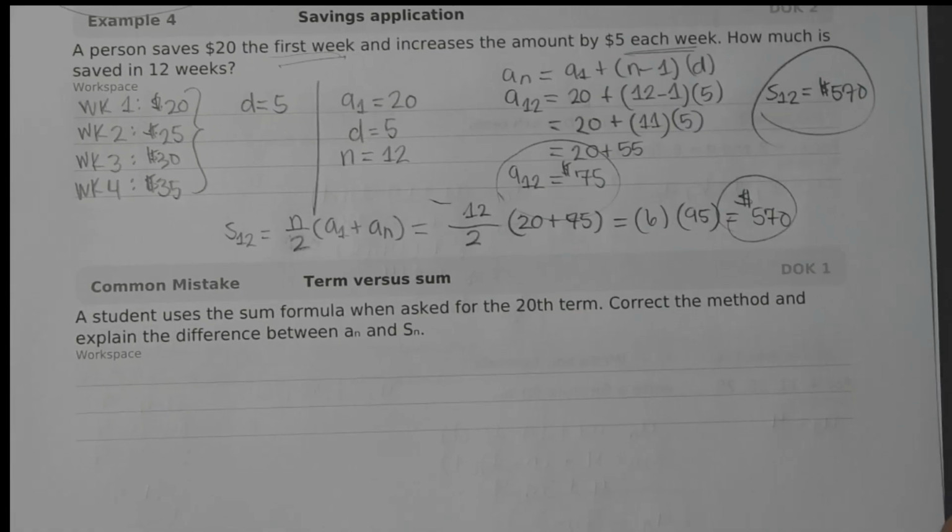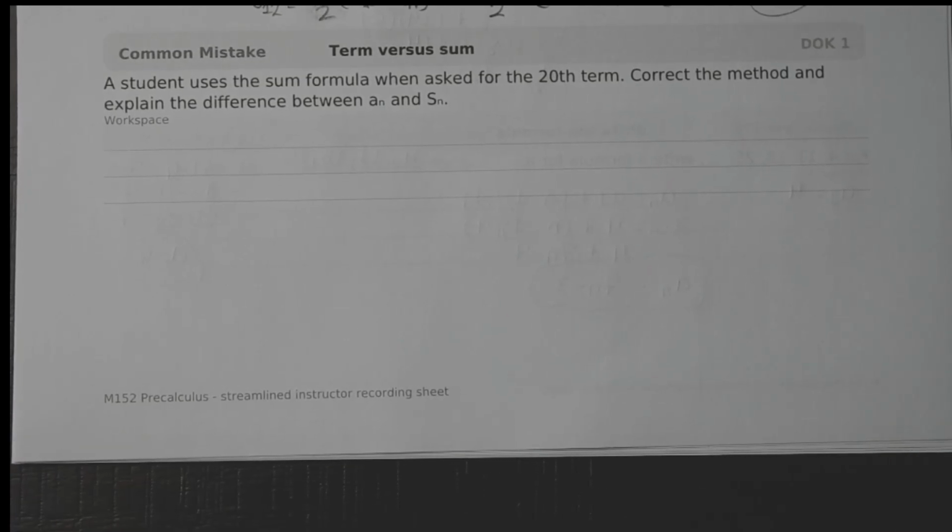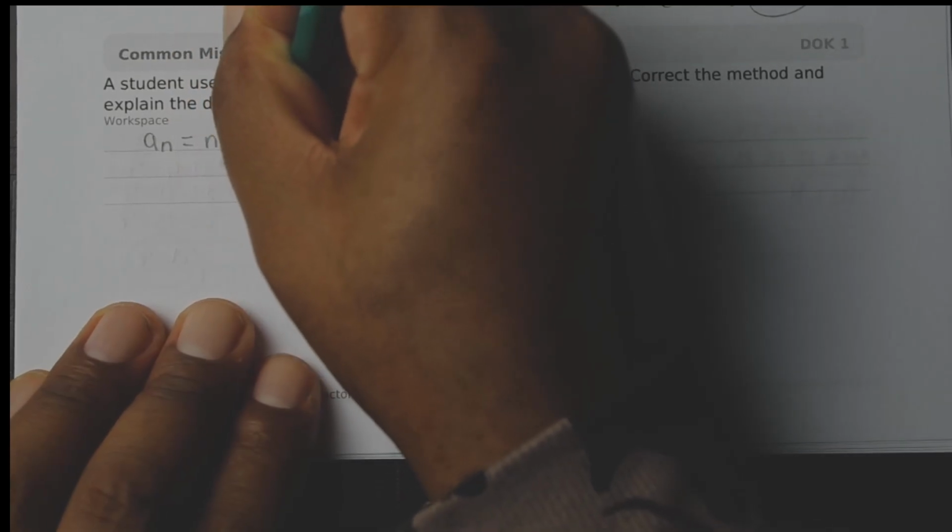Okay. What's a common mistake? A student uses the sum formula when asked for the 20th term. Correct the method and explain the difference. Okay, so the student selected the wrong formula, right? The symbol a sub n represents one specific term. So if you see a sub n, that means the nth term.